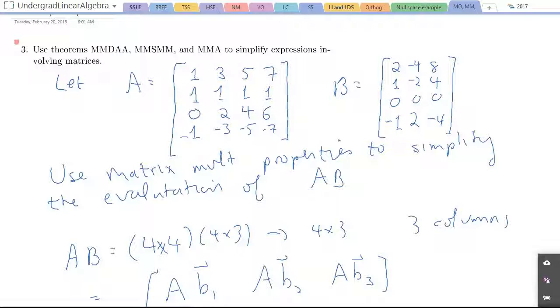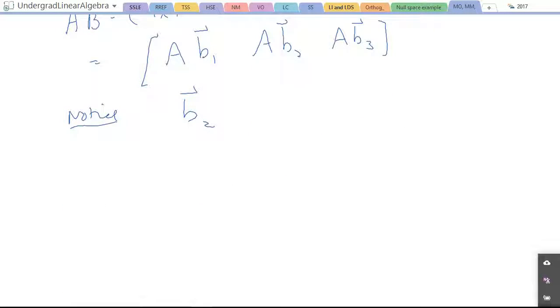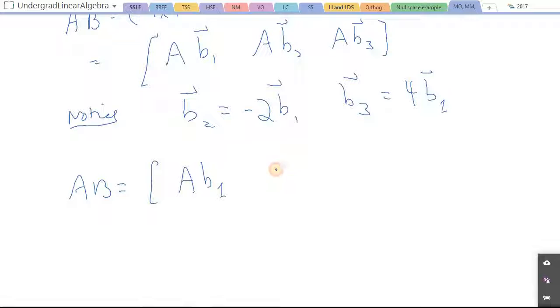So I can write this as AB1, AB2, AB3 is simply, let me just write this down. B2 is minus 2B1, and B3 is equal to 4B1. So that gives me AB is equal to AB1, A times minus 2B1, which is minus 2AB1, and AB3, which is 4B1, so that's 4AB1.